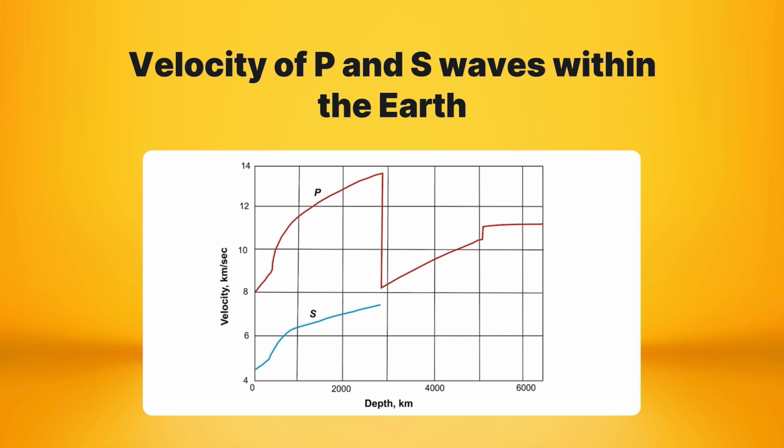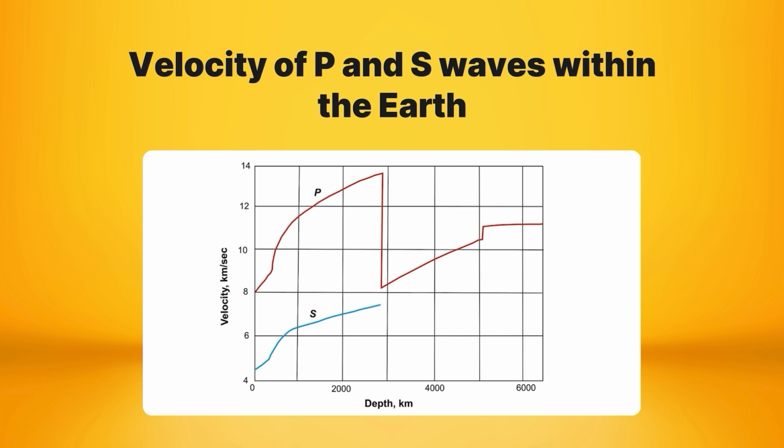The more compact the rock, the higher the velocity. So this primary wave velocity is also changing from the crust to this point here, the lower part of the mantle.